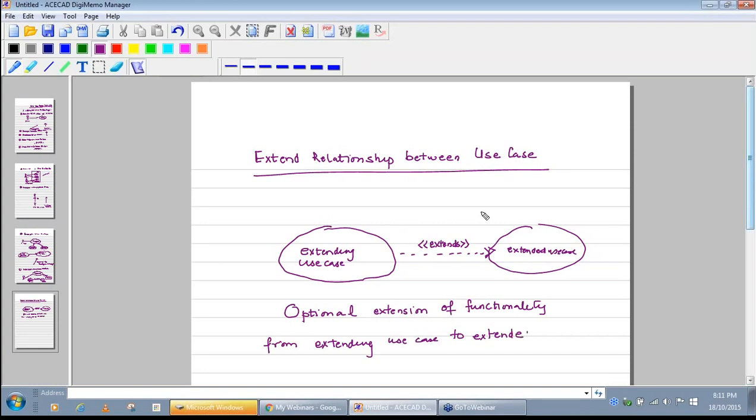So remember the word optional, not always. Whereas in the include relationship, one use case almost invariably invokes another use case.